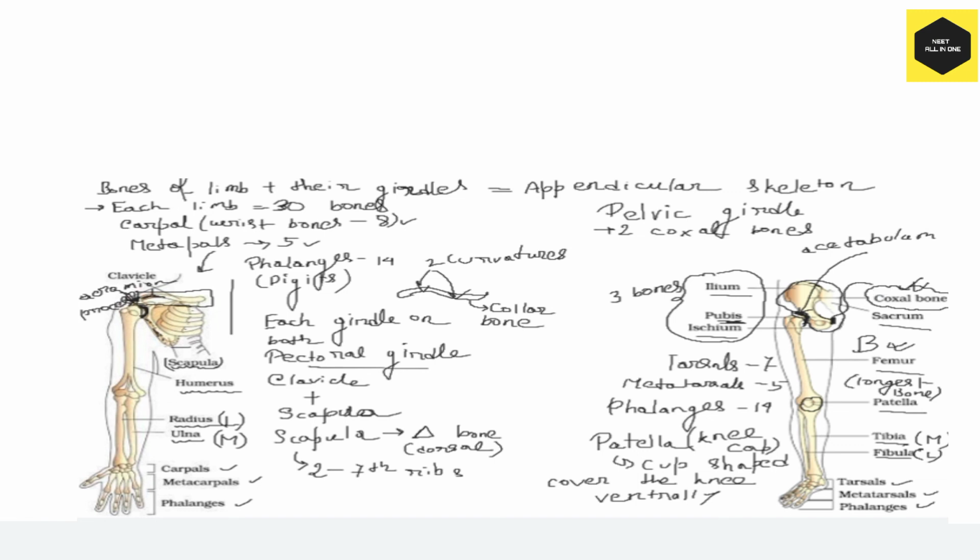It will also be something like this. So this portion will be known as pubic symphysis. And this pubic symphysis contains fibrous cartilage. So this was all about the pelvic girdle.